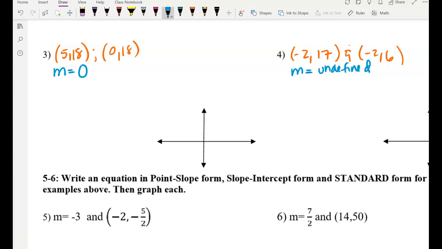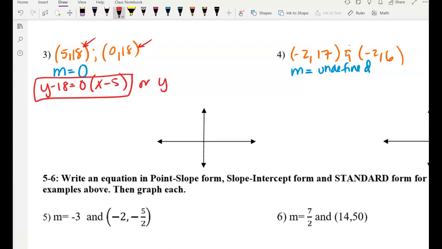Okay. Well, how do we write the point slope form? Same exact thing, okay? So point slope, you can pick this or that. I'm going to do both. Y minus 18 equals, the slope is 0 times x minus 5. Yes, technically you can leave it just like this. Over here, you can go y minus 18 equals, the slope is 0 times x minus 0. Well, x minus 0, that's fine.